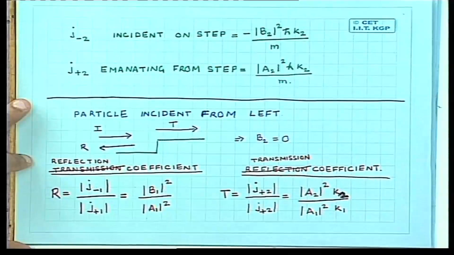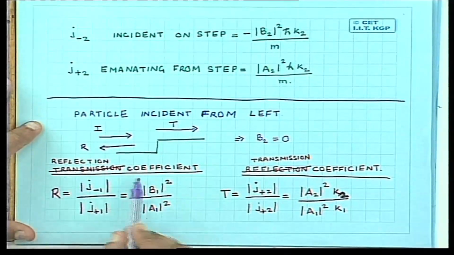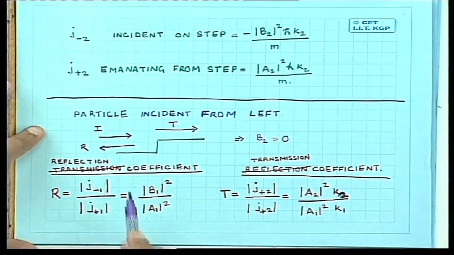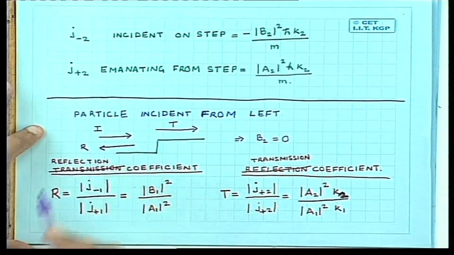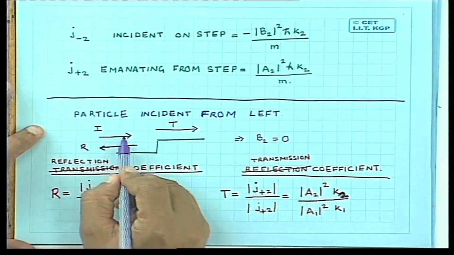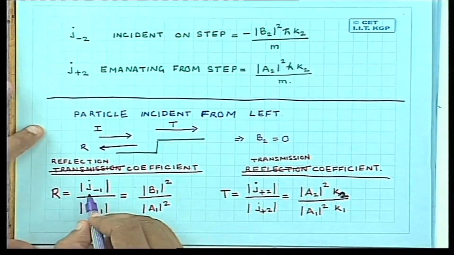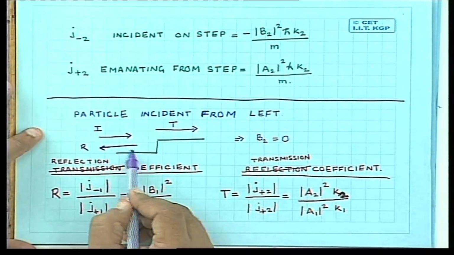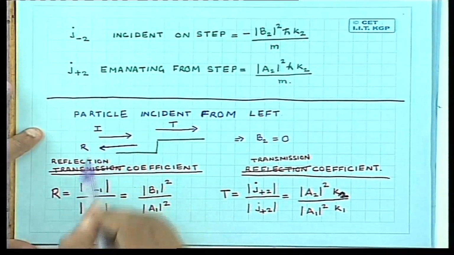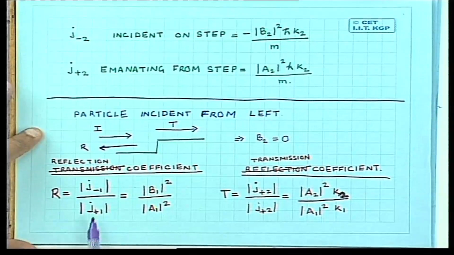Okay, and the probability current which represents the flow of the probability is given by these j plus and j minus. Now we want to calculate the reflection coefficient, which is the ratio of the probability current corresponding to this divided by the incident probability current. So this is j minus 1, which is the probability current for the part of the wave which is reflected, divided by j plus 1, the mod of these two, which in this situation is b1 mod squared by a1 mod squared.